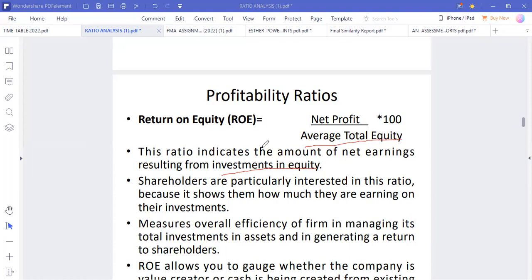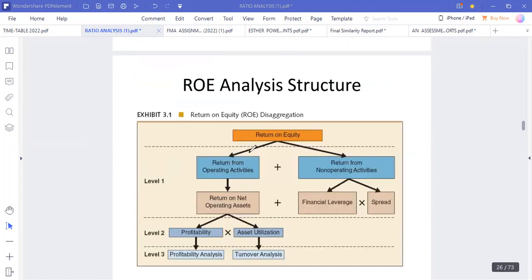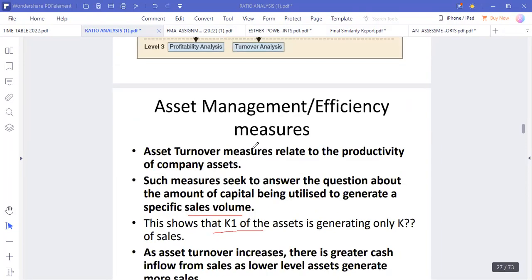Particularly, shareholders are interested in this ratio because it gives them the earning power on their investment. Because the equity has generated a certain profit, which will later be subdivided as dividends towards the capital contributions. So this is the structure of return on equity analysis.